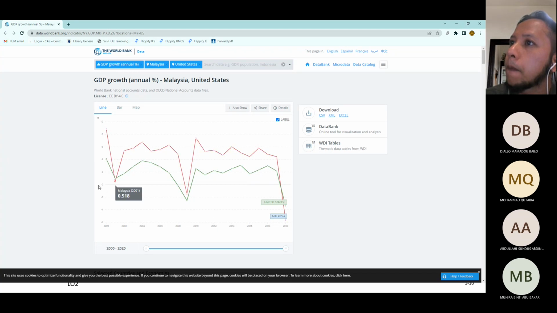So if you compare the GDP growth, Malaysia has a higher GDP growth rate than the United States. However, you can see the trend. Basically, when the United States goes down, Malaysia also goes down. When the United States goes up, Malaysia also goes up. So this is basically the United States influencing other countries, right?